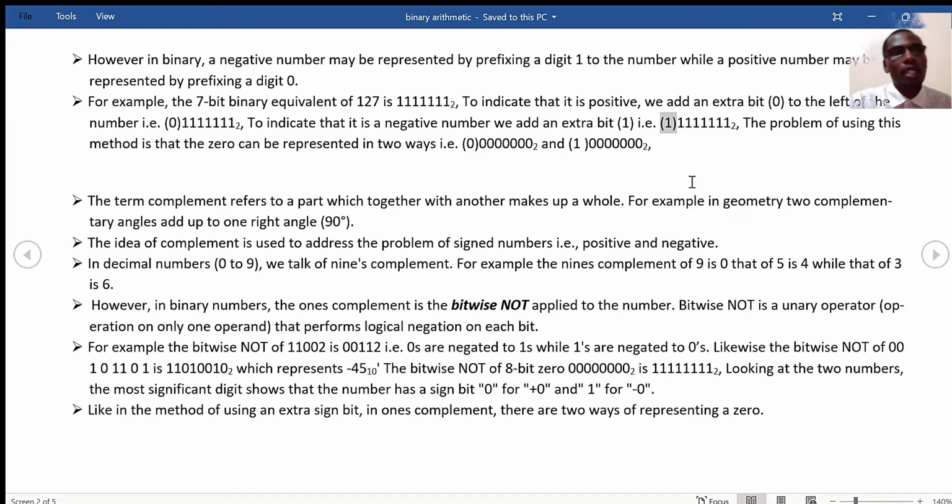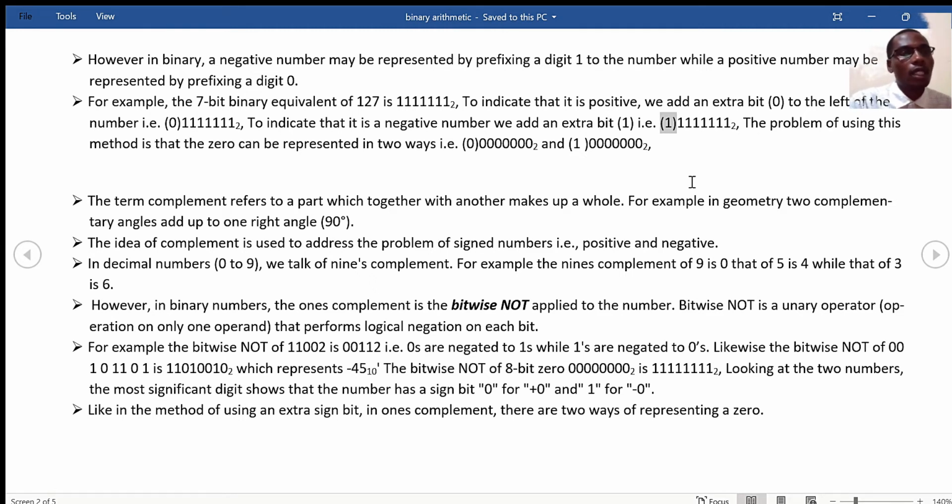Can you tell me how we write negative 0 or positive 0 in decimal numbers? You'll just tell me a 0 is just a 0, it is not negative or positive. So we have the same problem when prefixing zeros and ones to indicate that a binary number is positive or negative, because if I put a 0 before the zeros of a binary number, it will remain a 0.